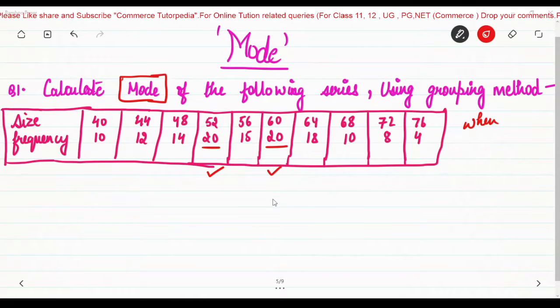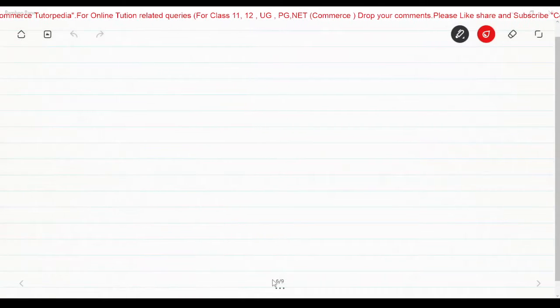First we need to write down our data in tabular form, right? This is a pretty long question, so I need you to focus.